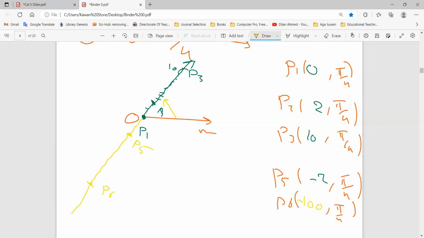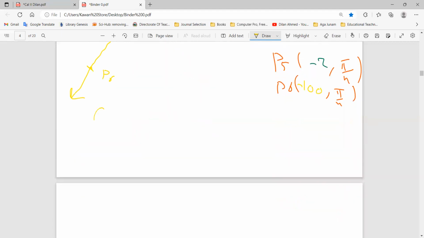How about infinite? So if you look at the graph, when theta is equal to pi over 4, our graph is a line, with the angle pi over 4. That one goes to infinite, and that one goes to infinite.